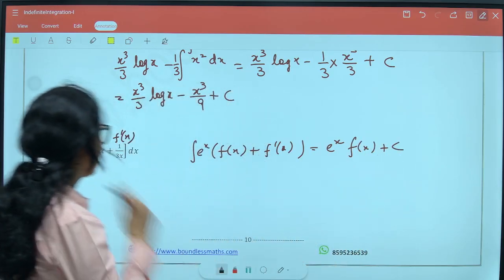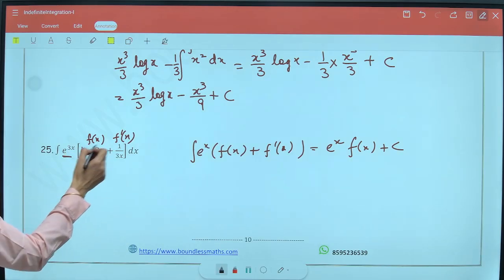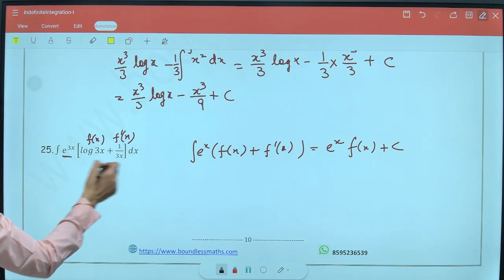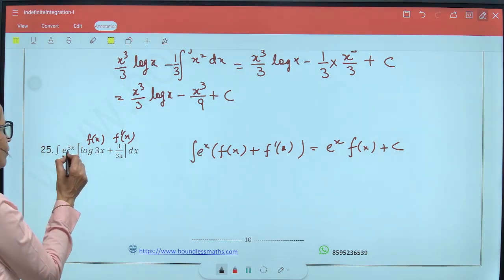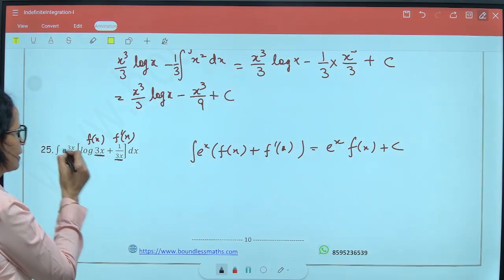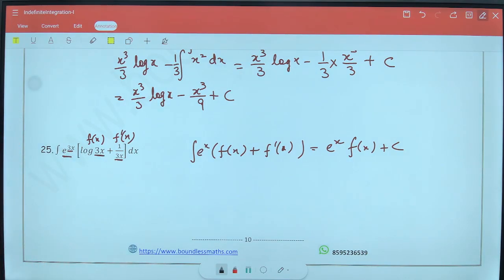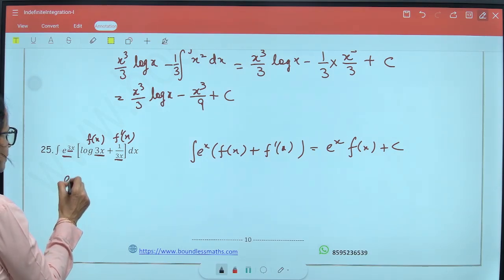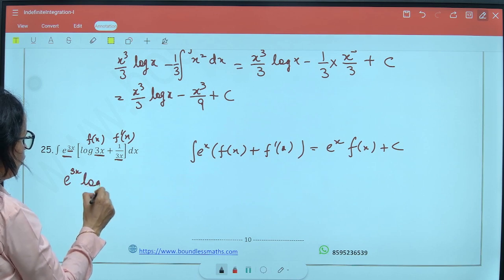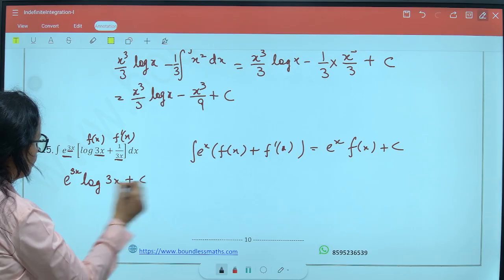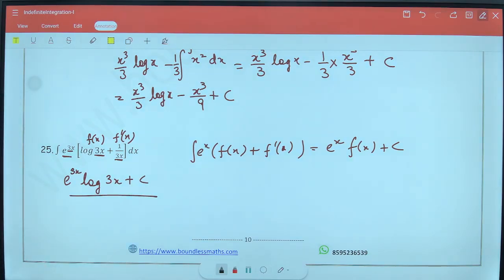So in this question, what is f(x)? f(x) is here, derivative is here 1 by 3x, and outside you have e raised to power x. So just be careful, this 3x and this 3x, they are all same, right? So my answer is going to be e raised to power 3x into f(x). What is f(x)? Log of 3x plus c. This is my answer. That's it. Easy?